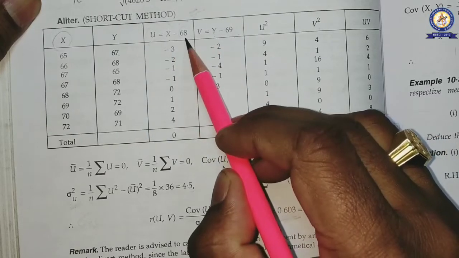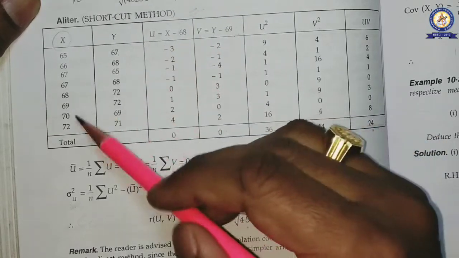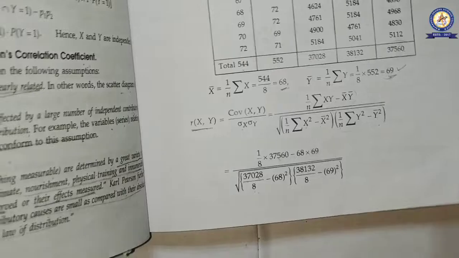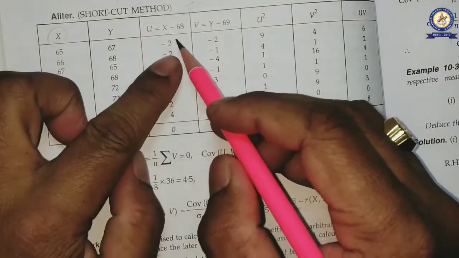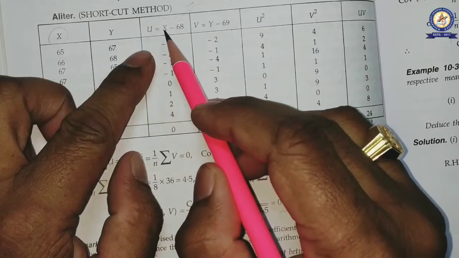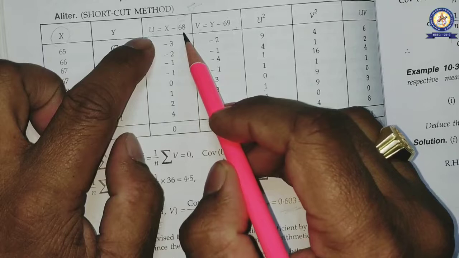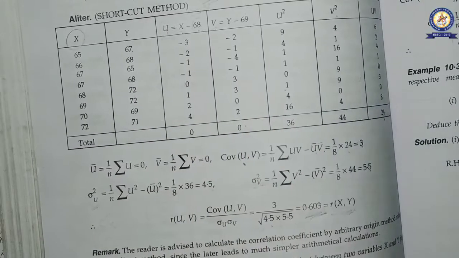Here 68 is your mean of x. Mean of x previously we found is your 68, and mean of y equal to 69. For this case, in this book, it has been taken that x has been transformed to u, another random variable, by considering x minus mean of x.